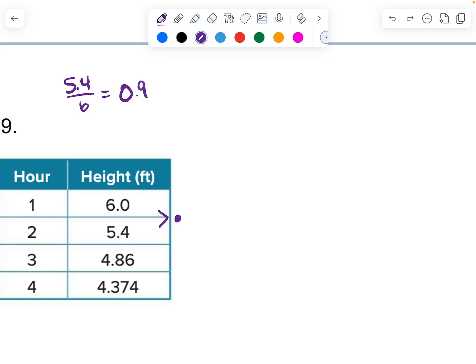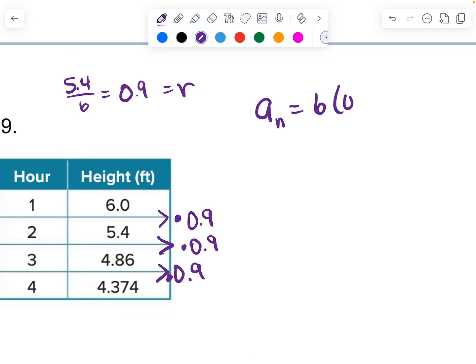Oh no, I was doing the right thing. This one, yep. I'm multiplying each one of these by 0.9. So that is what my r value is. So a sub n equals my starting value, my rate, to the n minus 1.